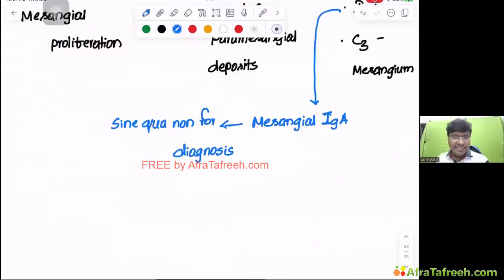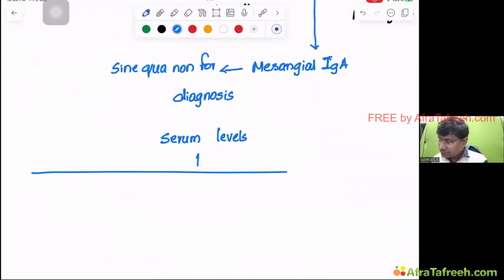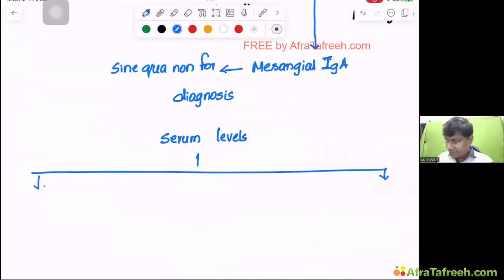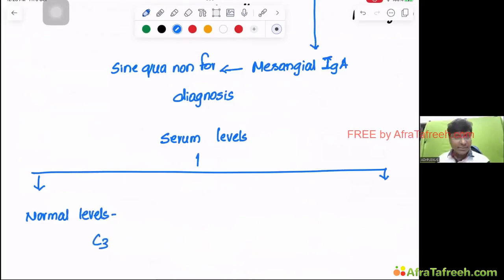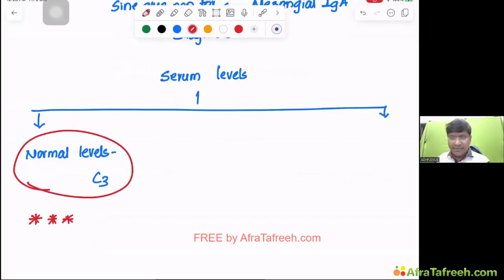And what about the serum levels? Please remember, they will have normal levels of C3 in the serum. C3 levels are not affected. This is a very, very important point which will help us to differentiate. In PSGN, what will happen to the C3 levels?